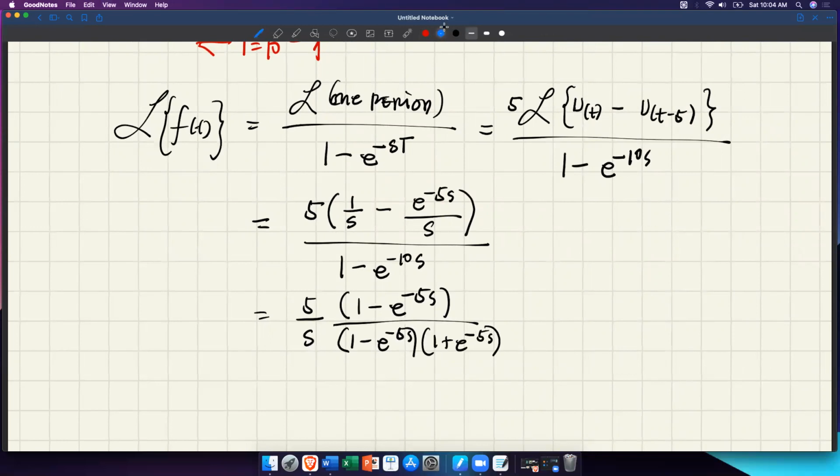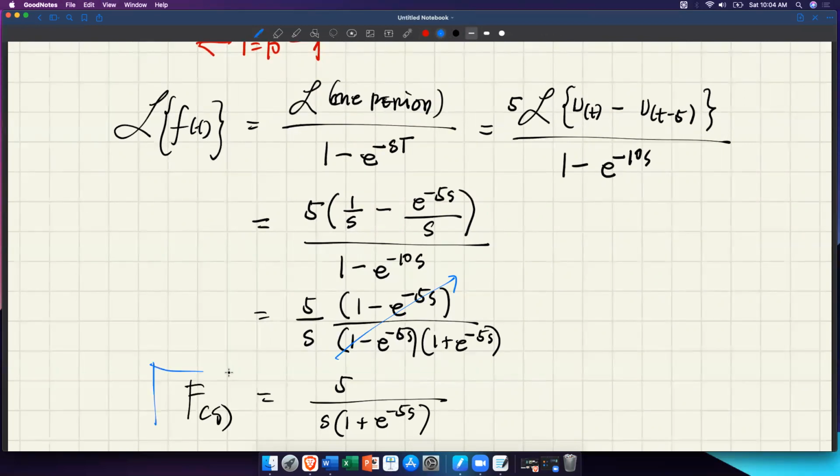Now we can eliminate the common factors. And what will remain here is 5 all over s multiplied by 1 plus e minus 5s. All right. Now, this is your function of s.